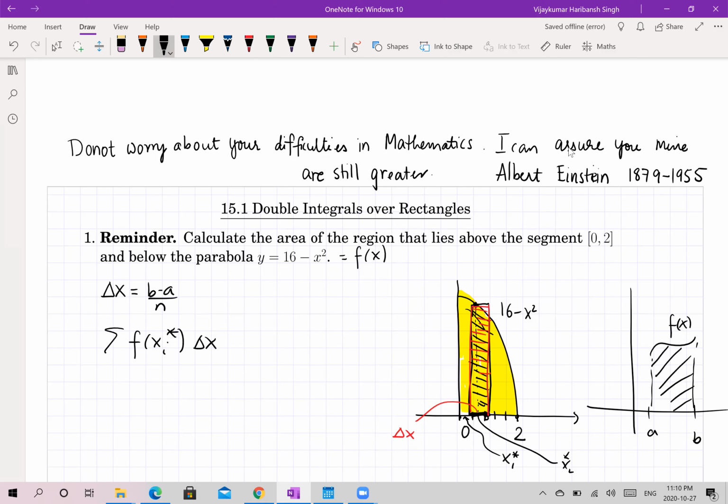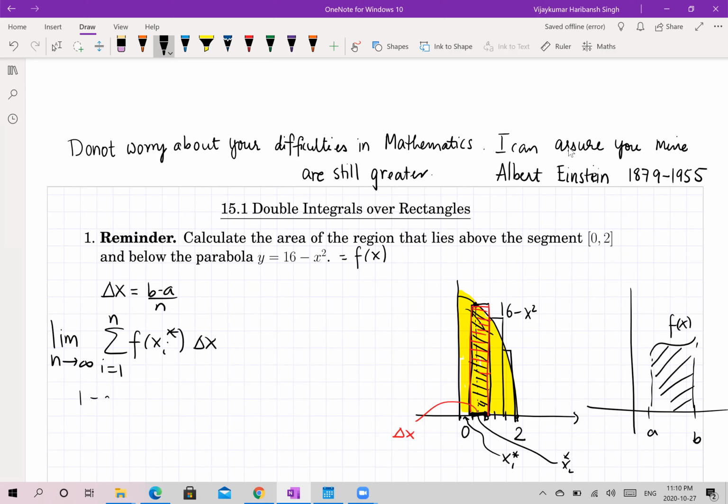If there are n subdivisions, I add them up, going from 1 to n. Of course, this will be a coarse approximation, not an accurate one. So we take the limit as n goes to infinity, and we get the area below the curve above the x-axis. So this was the case in one dimension, or function of one variable.